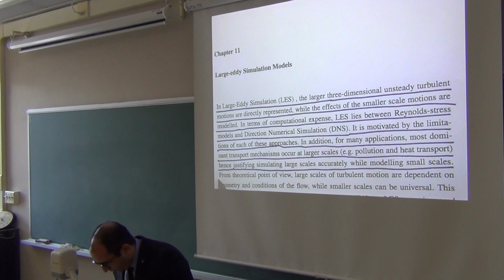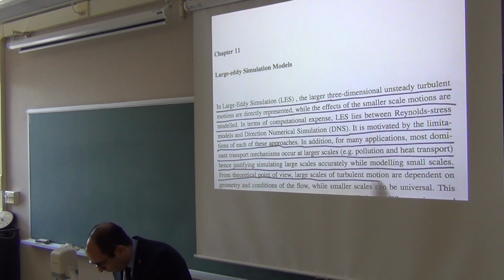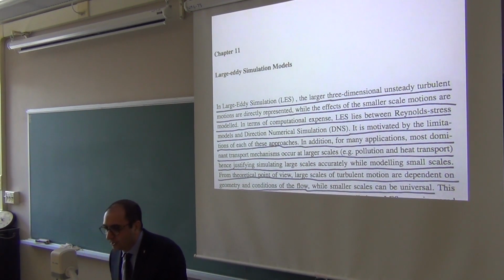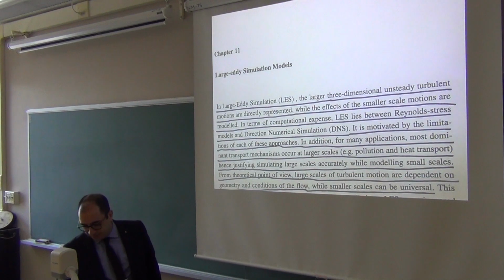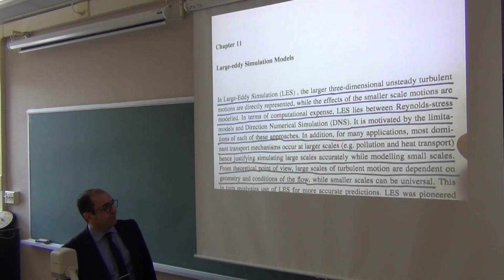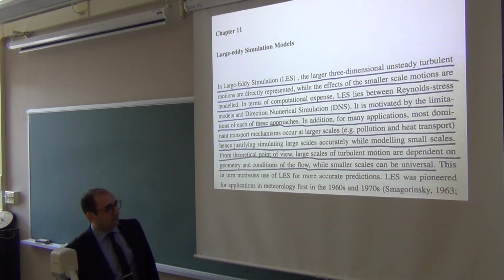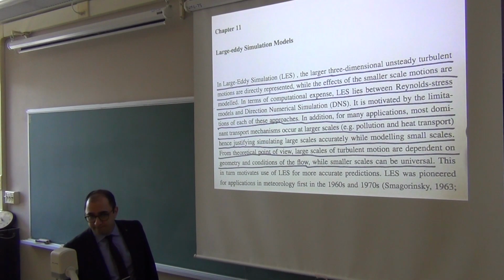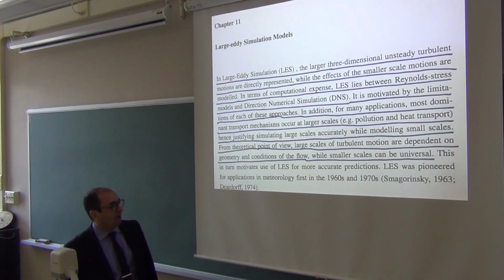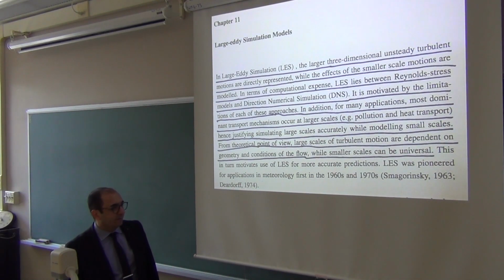So from a theoretical point of view, large scales of turbulent motion are dependent on geometry and conditions of the flow, while the small scales are universal. If you like, go back to chapter 7, we already said this, that smaller scales are isotropic. No matter what the geometry of the flow may be, flow over a building, in a pipe, in a turbine, in a pump, larger scale depends on the geometry of the flow.